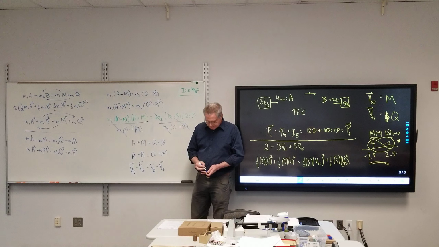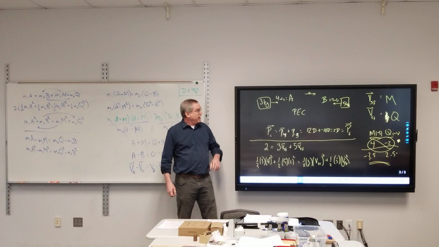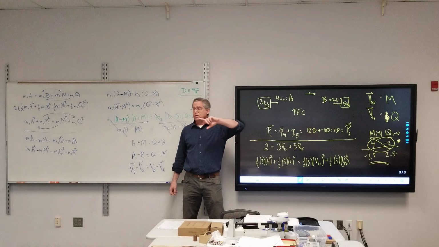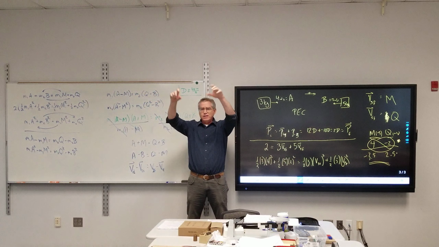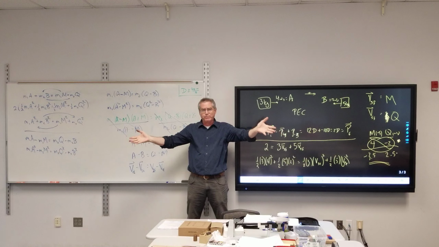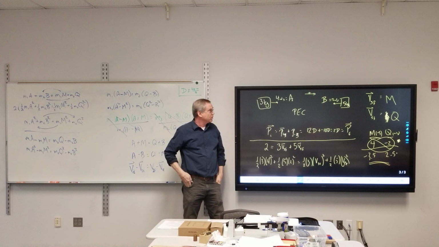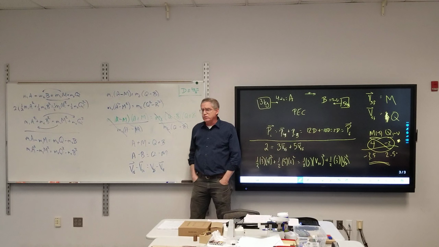So I have my 5 kilogram mass and my 3 kilogram mass heading towards each other in this reference frame, what we'll call the lab frame or the problem frame. They are going to collide.